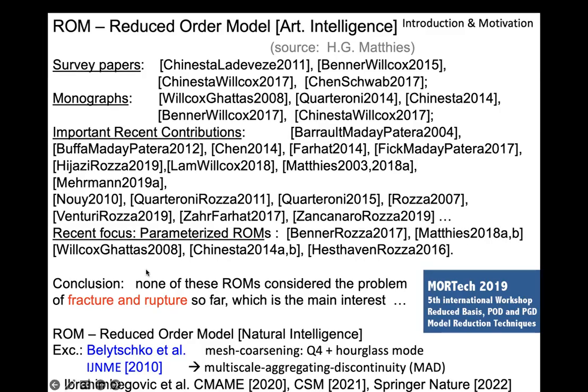And basically, the idea is that most of these people never really considered fracture or rupture. The only exception was the late Ted Belytschko, who was really good in modeling. He was doing this mesh coarsening to go from fine scale to large scale when you have a crack that is propagating, and he was always very good at bringing in crazy names, and one that he did was multi-scale aggregating discontinuity, called the MAD.